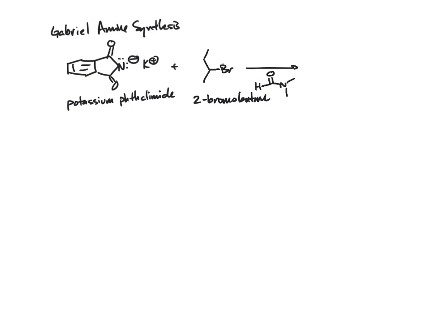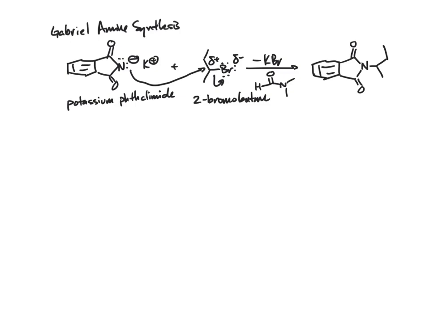So this is an SN2 reaction. We lose potassium bromide. We're forming a nitrogen-carbon bond, so that gets the nitrogen into the molecule.